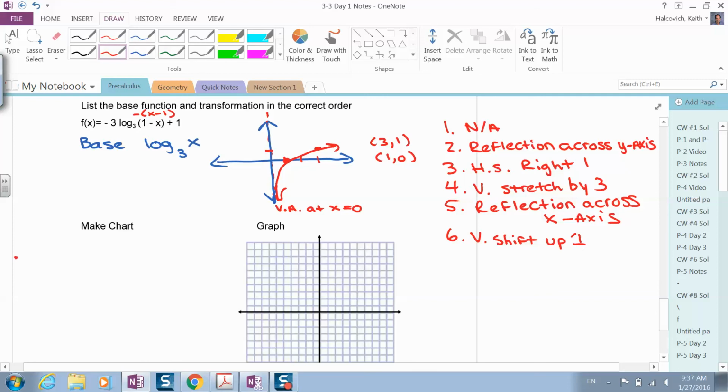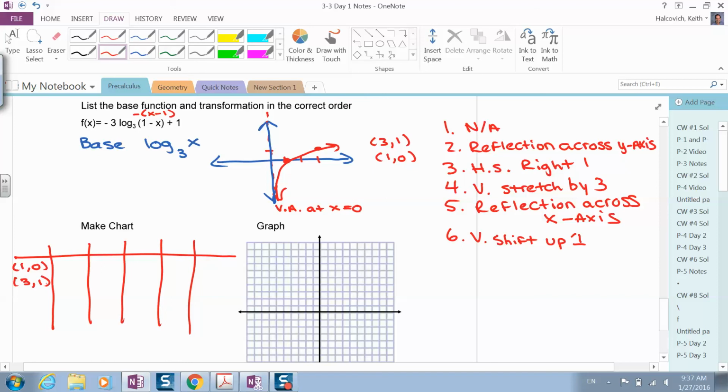So when we make our chart, you have the points 1, 0 and 3, 1, and the vertical asymptote of x equals 0. Then you have negative x, you have x plus 1, you have 3y, you have negative y, and you have y plus 1.